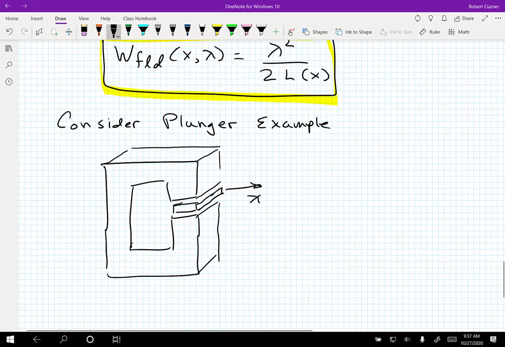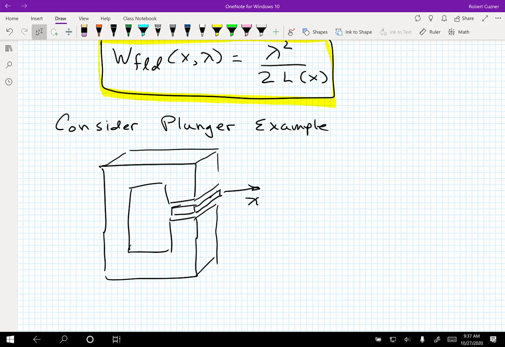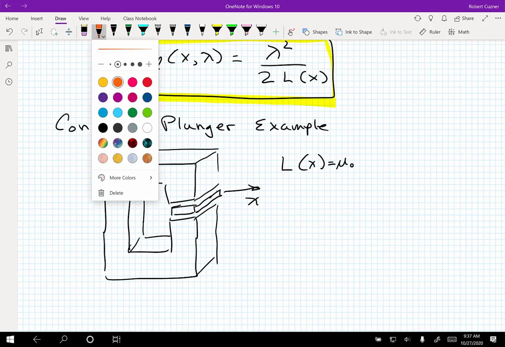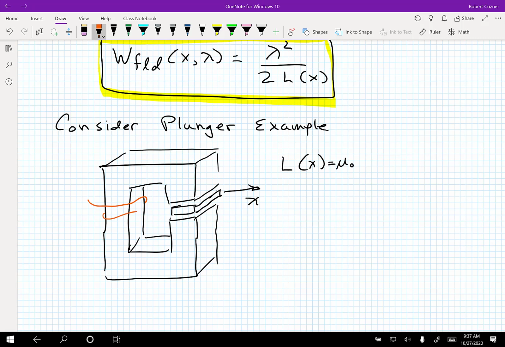If you recall that homework problem, we ended up with an equation for the inductance that was equal to mu naught. Oh, I didn't add in the turns. So let's do that. Here's our copper wire, and we're going to apply a current to this system, and it has N turns. We're also going to assume that the mu relative in this approaches infinity.